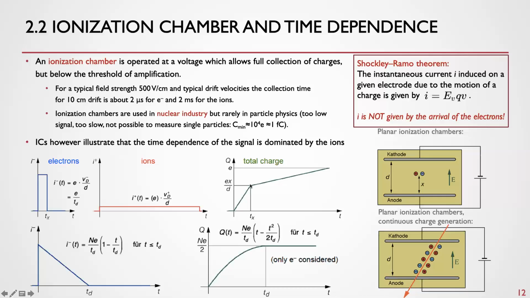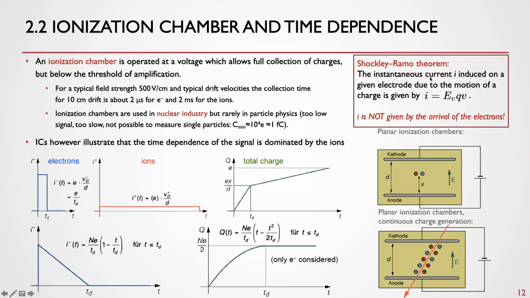You can imagine that if you integrate these currents that depend on x, you will just get a linearly falling current because the electrons and the ions are subsequently absorbed, and hence the total measured charge is a quadratic function of the time.